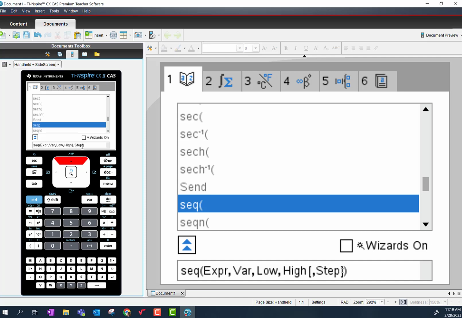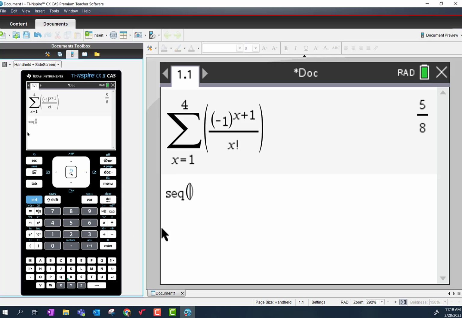And then if the step is something other than 1, in other words, what if you wanted every other term, first, third, fifth, or something like that? Well, you could put that here, this different step. So you can hit enter here and pull up sequence, or you can actually type in SEQ and it'll do this too.